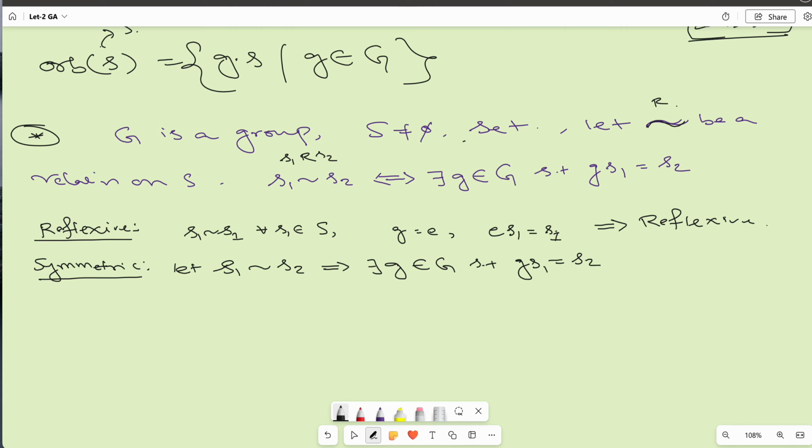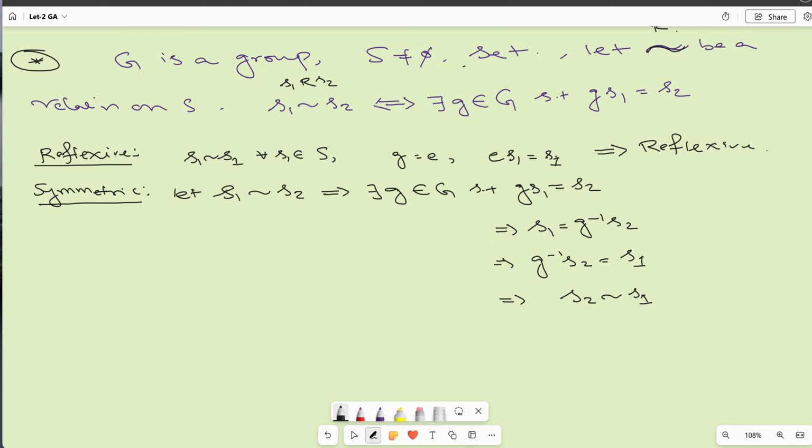You have to show that s2 is related to s1. Applying g inverse, g inverse of s2 equals s1, since if g is an element of G then g inverse is also an element of G. So s2 is related to s1. Is it clear? This implies the relation is symmetric.